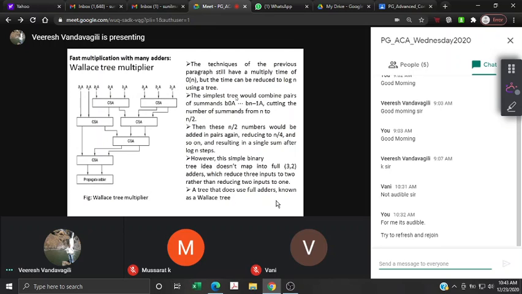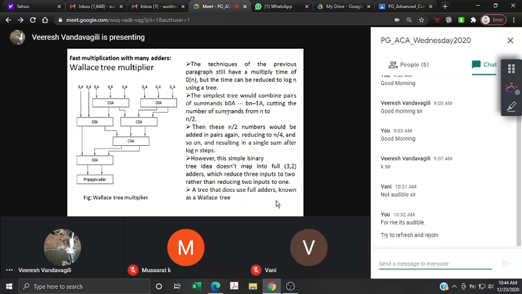In the Wallace tree multiplier, a tree-like structure of adders is used to boost the performance of the multiplication. In this case, the summands b0 times A up to b(n-1) times A are reduced, first cutting the number of summands from n to n/2, then n/2 to n/4, and so on.